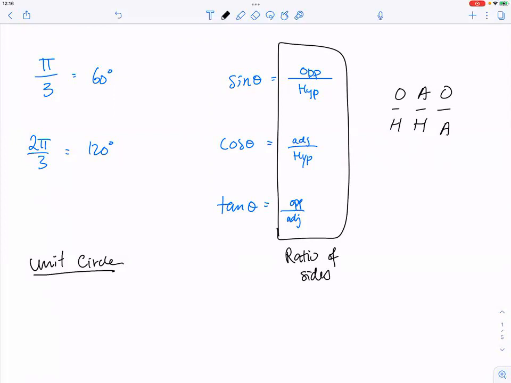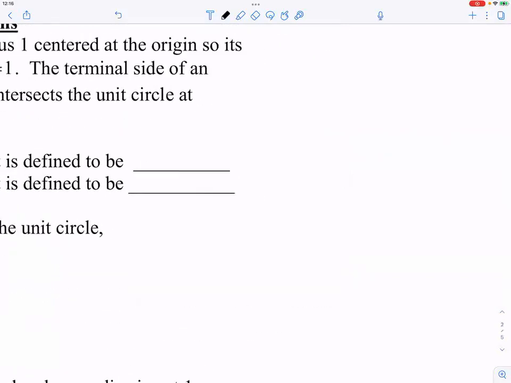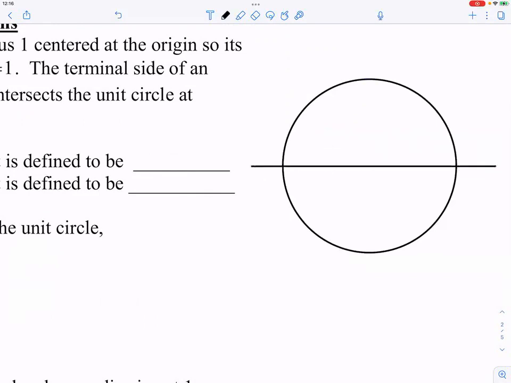All right. So now on your notes, there's a little empty space on the right hand side. I would like you to go ahead and draw a little circle. And on top of this circle, I want you to draw a pair of axes.